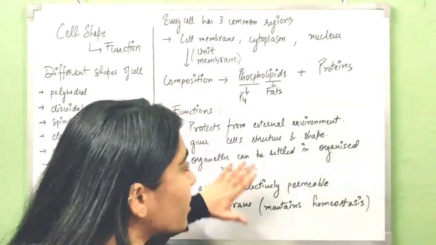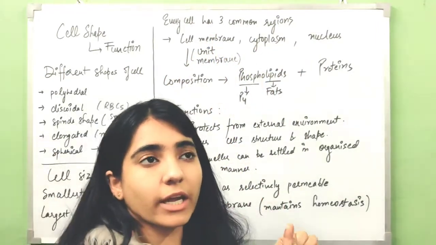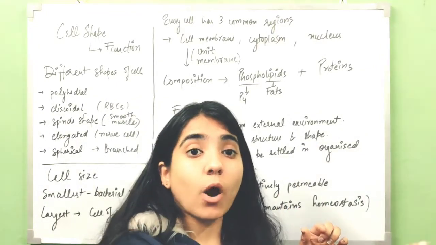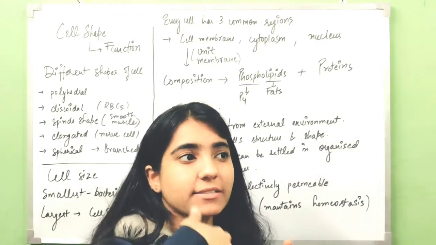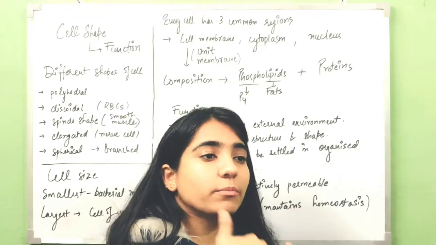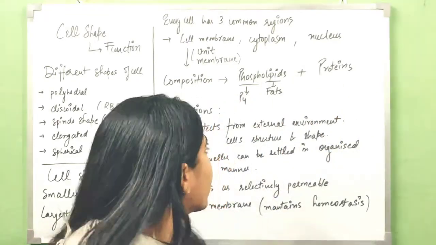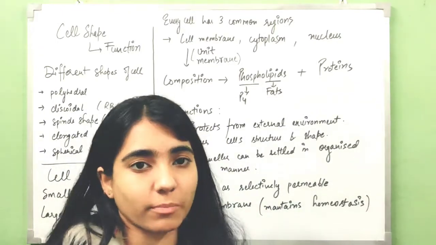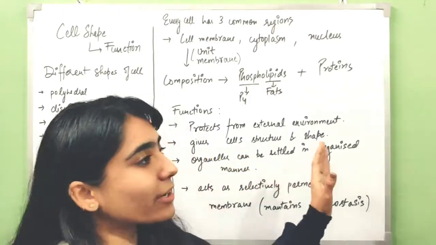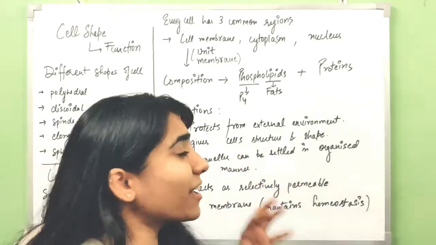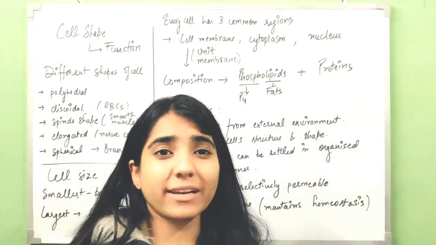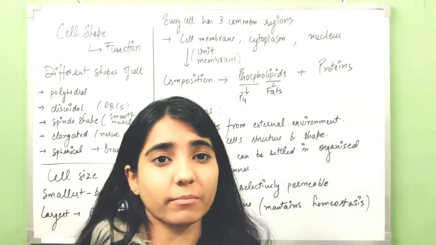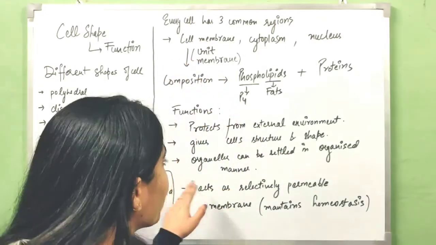Now coming to the functions. First function: the cell membrane, the outer covering, protects the cell from the external environment. Second, it gives the cell structure and shape. Third, all the cell organelles can be settled in an organized, defined manner because of the cell membrane.